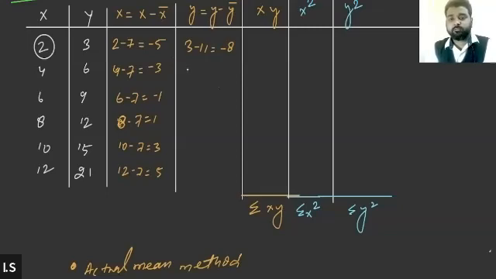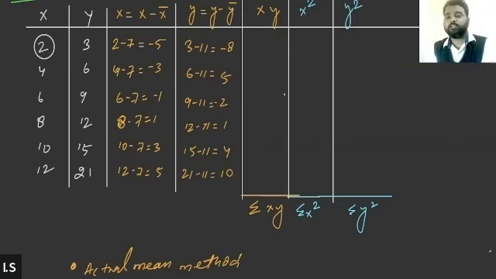And similarly 6 minus 11, it will be minus 5. Then 9 minus 11, minus 2, and 12 minus 11 equals 1. 15 minus 11 equals 4, and 21 minus 11 equals 10.